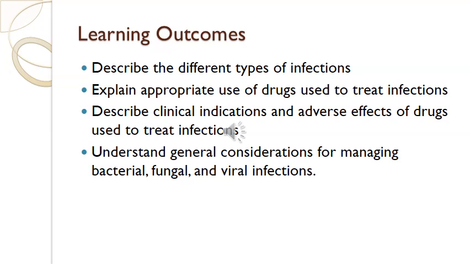A lot of the side effects are universal with all of them, but there are some adverse side effects that are particular to certain types. Make sure you're aware of that, and then again, be able to recognize your mechanisms of action and how the fungal and antiviral drugs are also utilized.